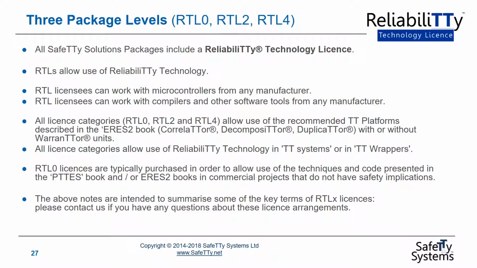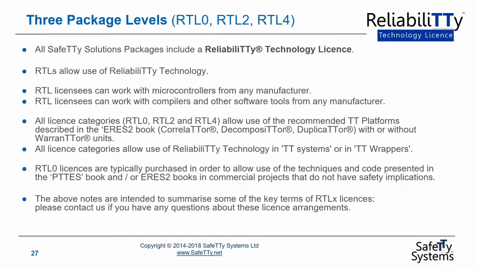These RTLs allow the use of reliability technology. They can be applied with microcontrollers from any manufacturer. We're not tied to any particular manufacturer. You can work with compilers and other software tools from any manufacturer if you choose to do so. Again, we are not tied to any manufacturer for software tools.